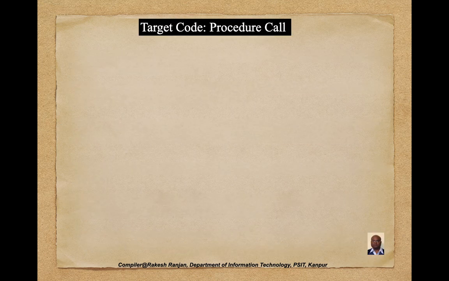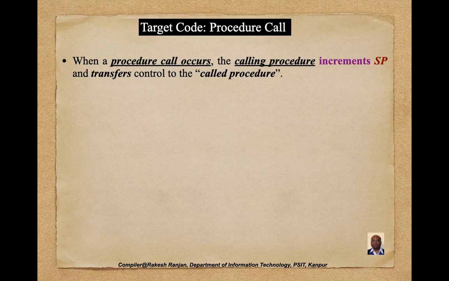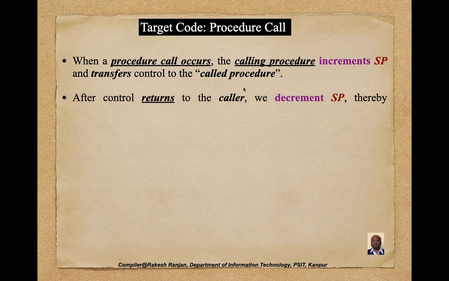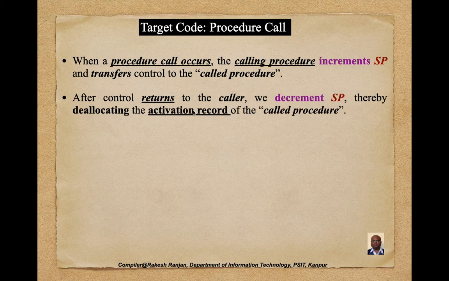Target code for procedure call. If we want to call a procedure, how can the target code be implemented? When the procedure call occurs, the calling procedure increments SP, the stack pointer, and transfers control to the called procedure. After control returns to the caller, we decrement the stack pointer, thereby deallocating the activation record of the called procedure.